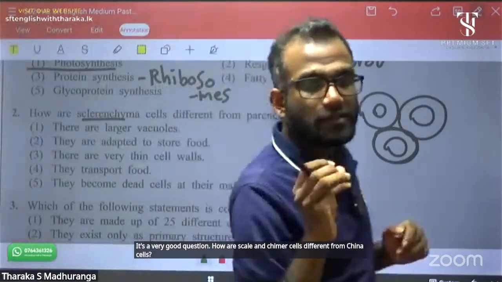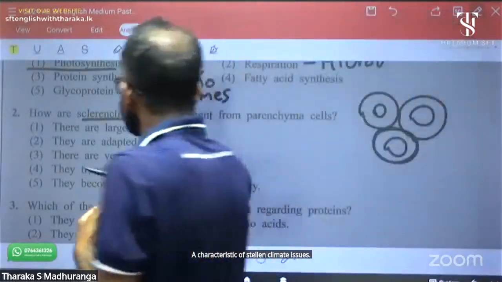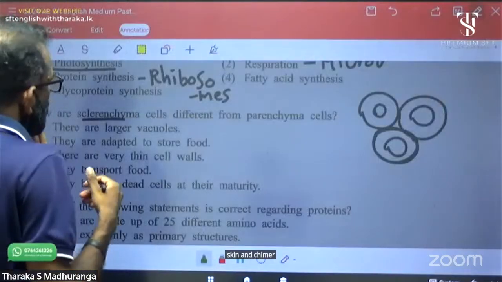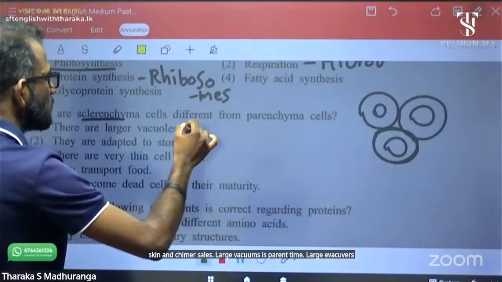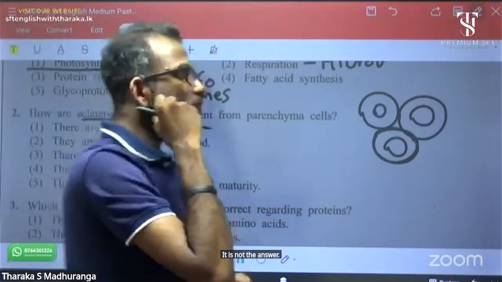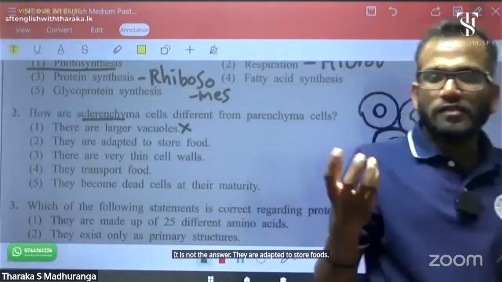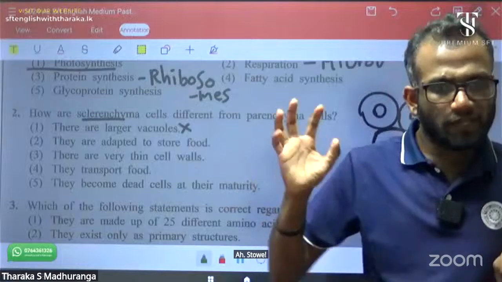As the answer, you have to select a characteristic of sclerenchyma cells. Large vacuoles are in parenchyma, so it is not the answer. They are adapted to store food. Food storing is in parenchyma, not sclerenchyma, right?